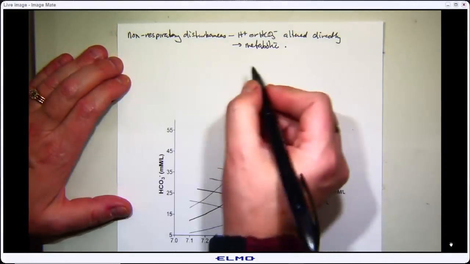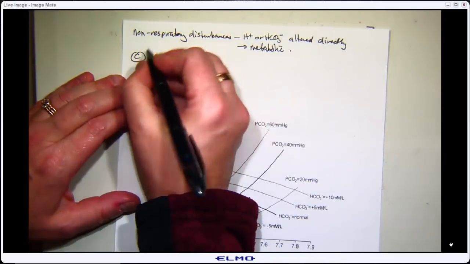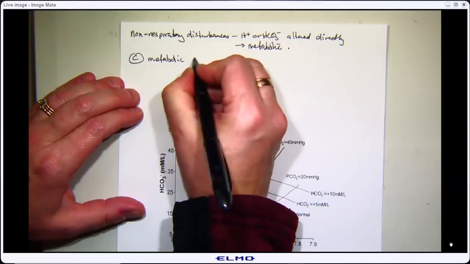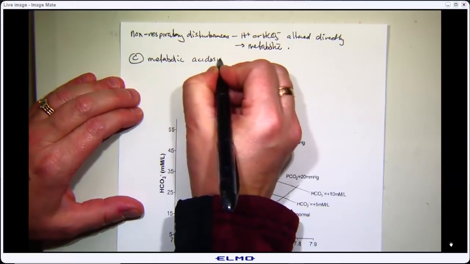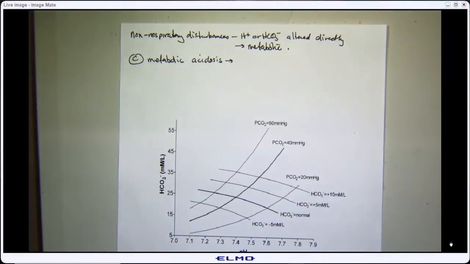Okay. So I think we were on our 3rd one. So C. So let's go with metabolic acidosis first. So this is just a way of adding hydrogen ion to the system directly, not through messing with CO2. So CO2 is normal, respiration is normal, but somehow we've messed now with the other side of the relationship, okay, bicarb and hydrogen ion directly.